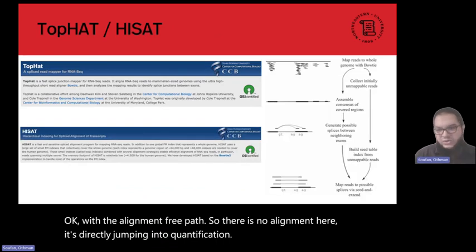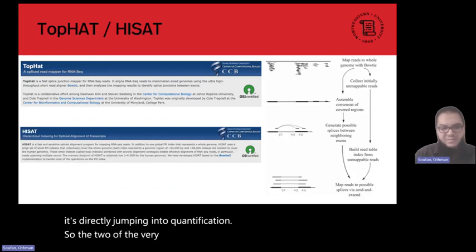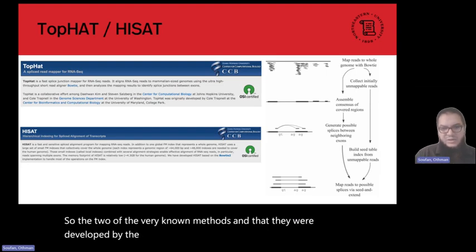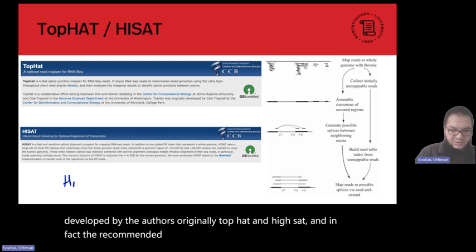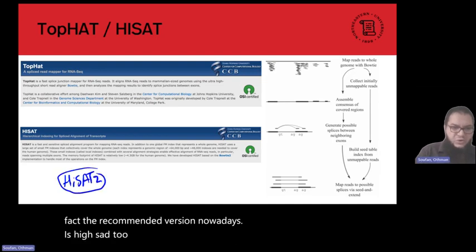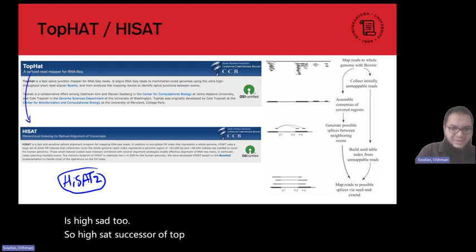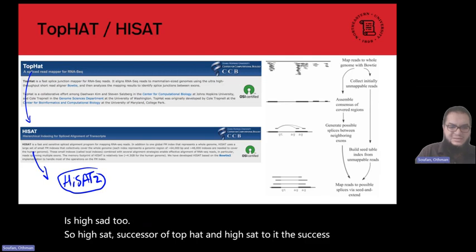Two very well-known methods, originally developed by the same authors, are TopHat and HISAT. In fact, the recommended version nowadays is HISAT2. So HISAT is the successor of TopHat, and HISAT2 is the successor of HISAT.